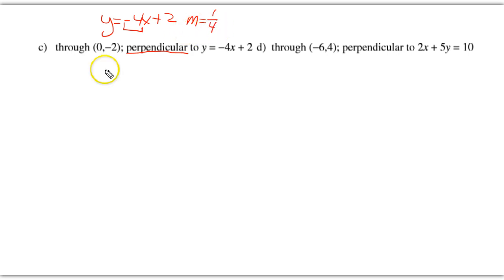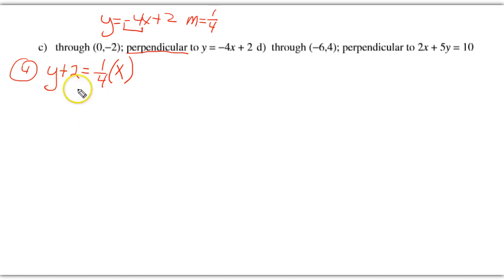So once we have that, we can write it now. Formula 4: y minus a minus 2 will give you a plus 2 there, equals your new slope 1/4, and x minus 0 will just be that.